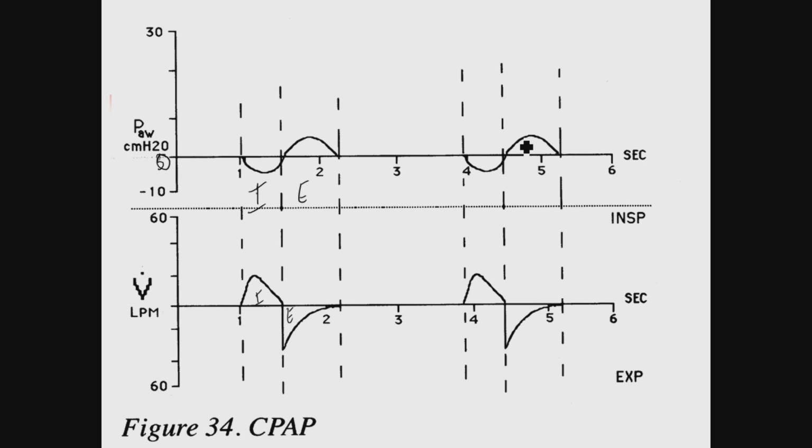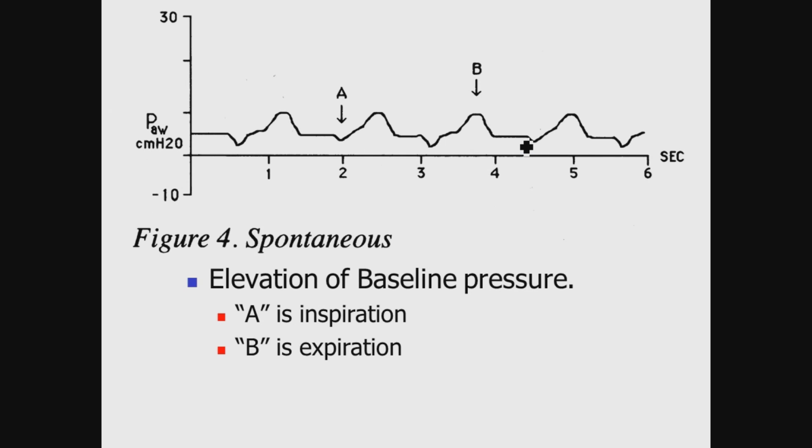So there's no baseline pressure there. ZEEP, if you will. And again, this is just another picture of a spontaneous breath, inspired exhalation. Inhalation at A, exhalation at B. Everybody see that?